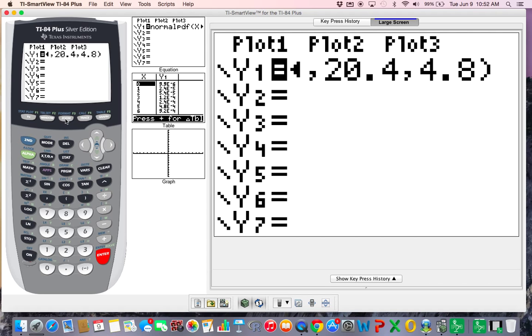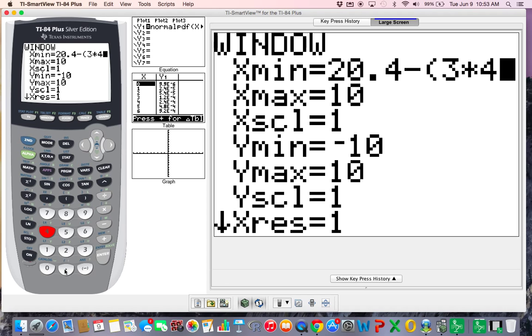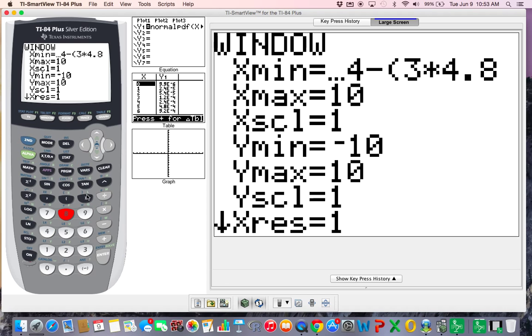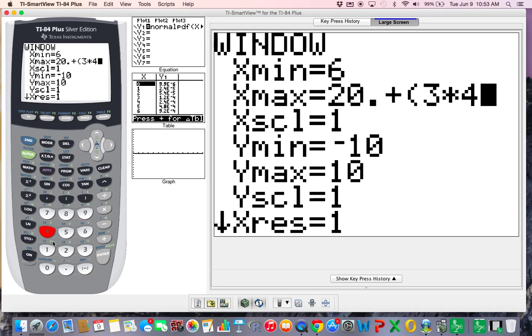Now if we go to our window, let's think about what we want to do. We want to graph this from 3 standard deviations below the mean to 3 standard deviations above the mean. So I have 20.4 minus 3 times 4.8, three standard deviations below the mean, and I want to run this up to 20.4 plus 3 times the standard deviation.